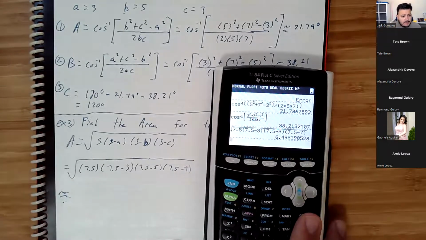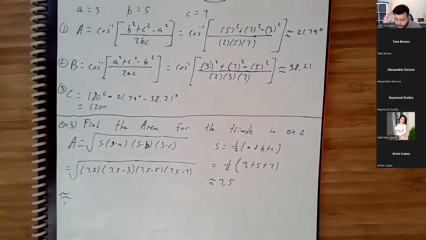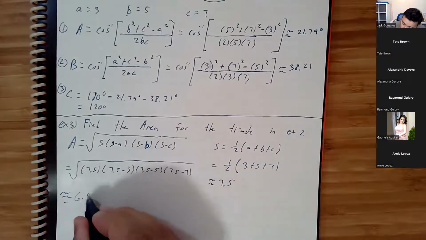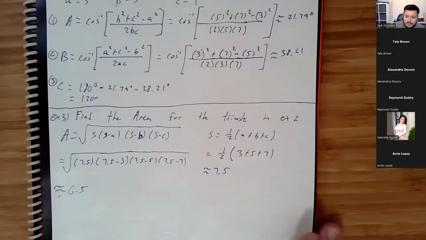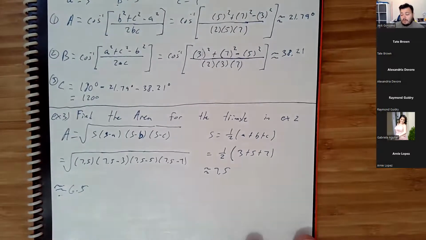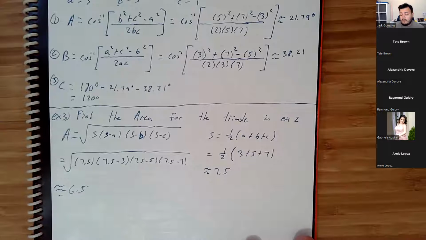So the area should be about 6.5. I recommend if they ask for area, just do Hero's formula.